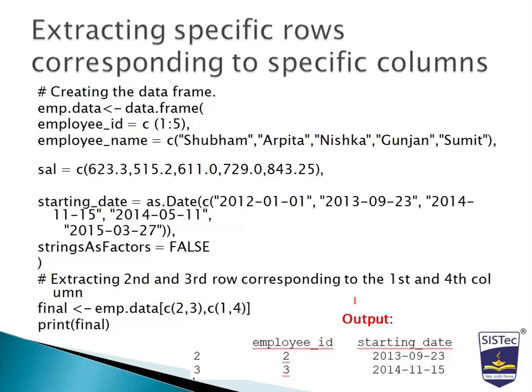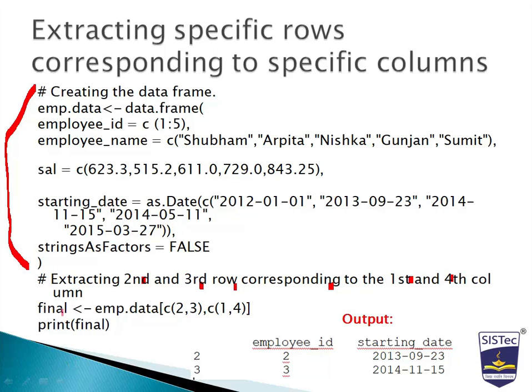Next is extracting specific rows corresponding to specific columns. For this we also use the same code as an example, and here we extract the second and third row corresponding to the first and fourth column.